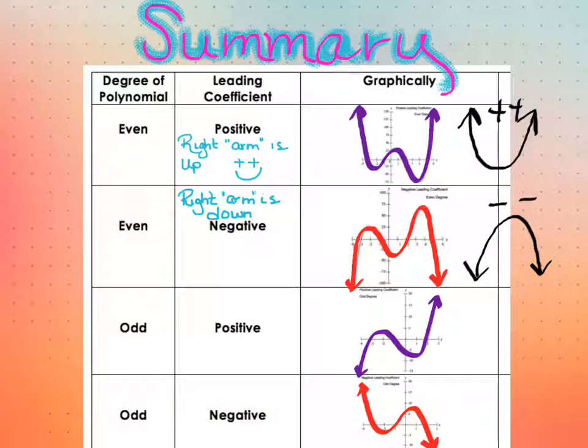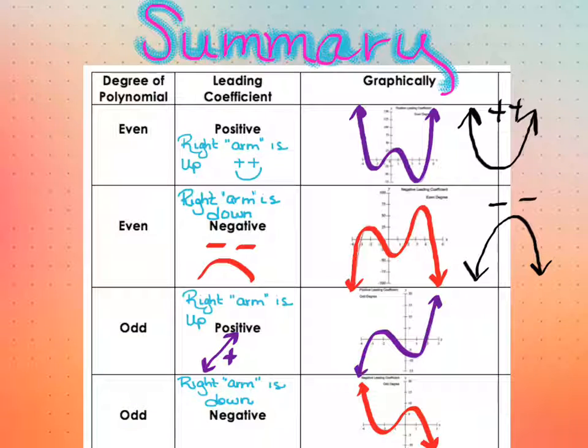Right arm is up, right arm is down, right arm is up, right arm is down. So you can remember that whenever the leading coefficient is positive, the right arm is always up in both cases.